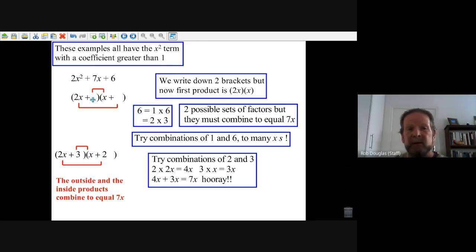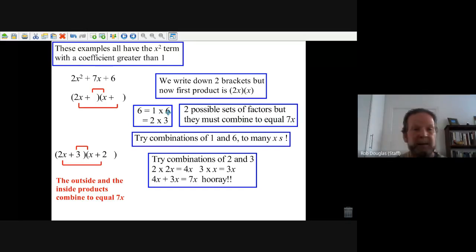Now the last two here have to multiply to equal the constant on the end, this number 6. Well, you just look at the factors of 6, 1 times 6 and 2 times 3. There's two possible factors. But the deal is that the inside and the outside have to somehow combine to equal 7x.